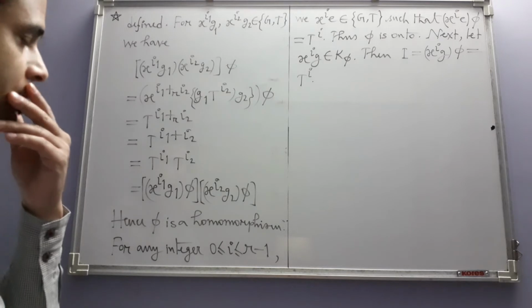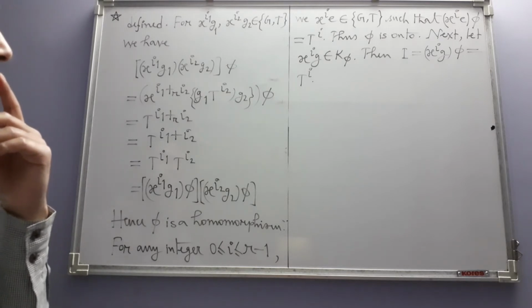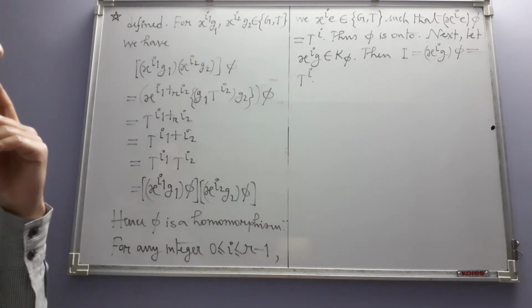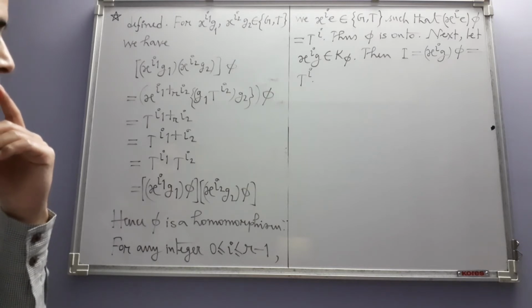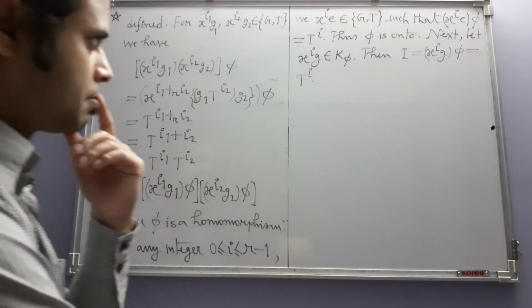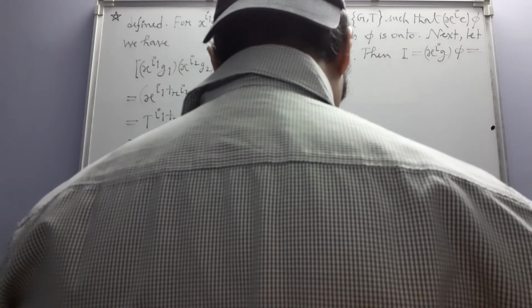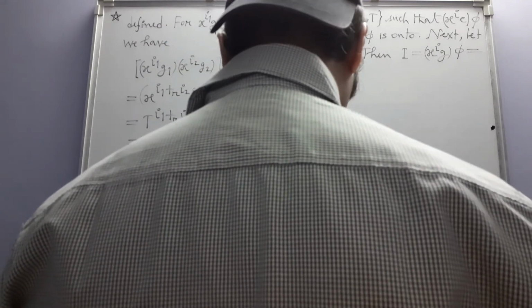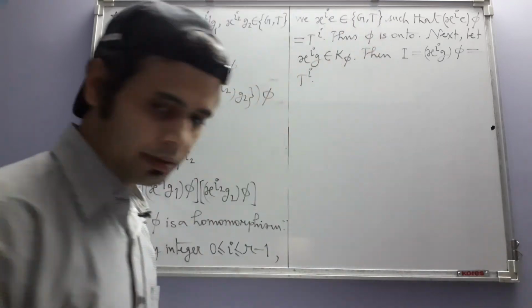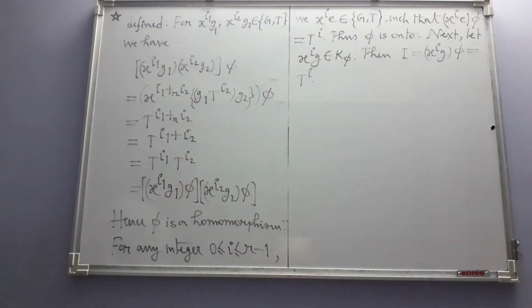So t to the power i is equal to phi. This means, am I getting it right? T to the power i is equal to phi. Let me just see the hint.